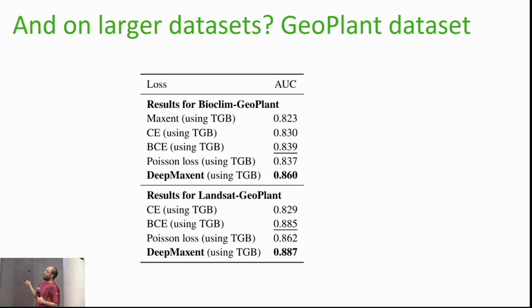The bioclimatic variables we ran so we can actually compare with Maxent, and we observed that in this case, it also outperforms Maxent. And in the case of the land cover, the Landsat time series, the DeepMaxent approach also outperforms the other deep learning losses that we tested that are commonly used.